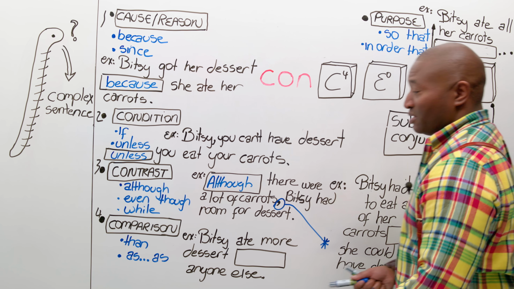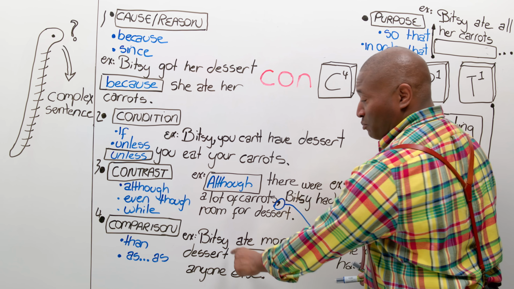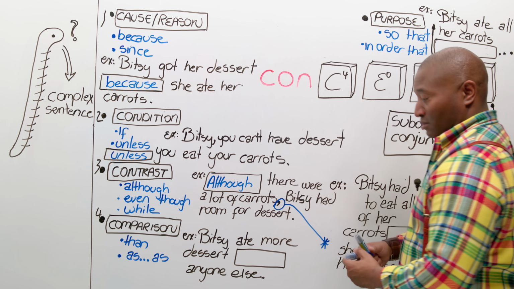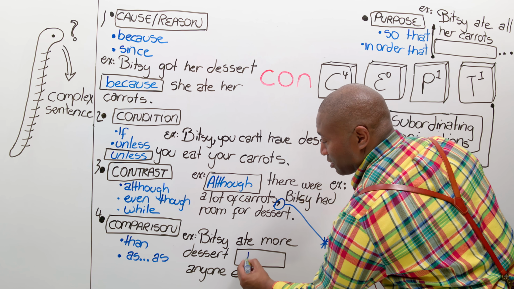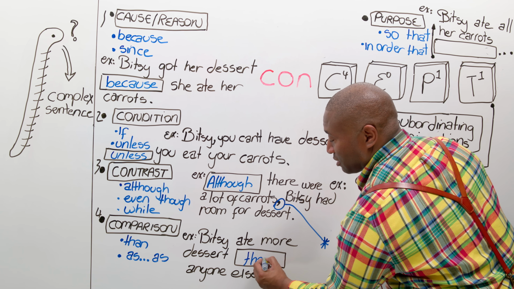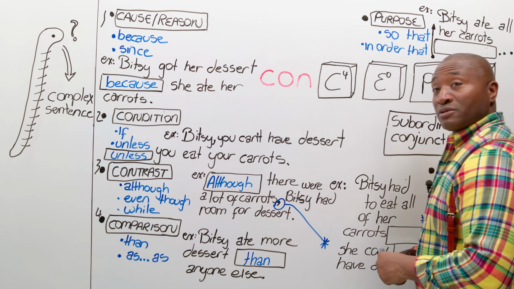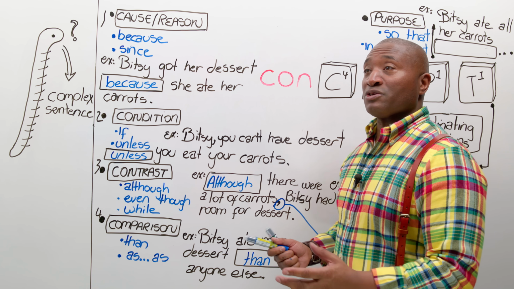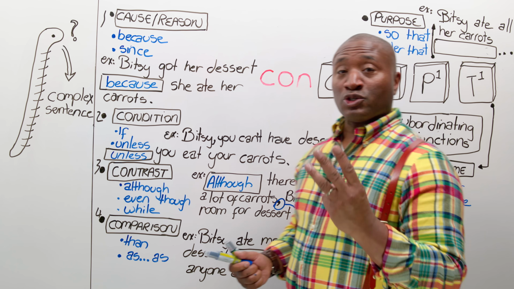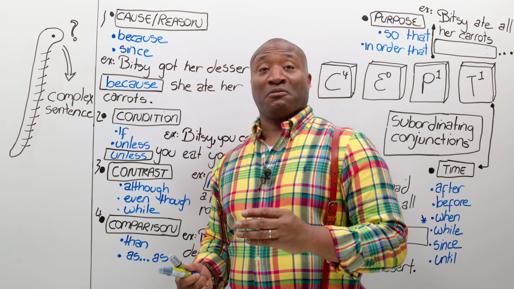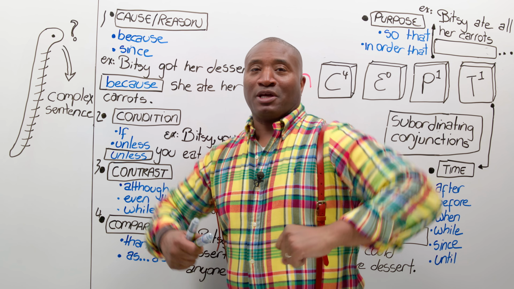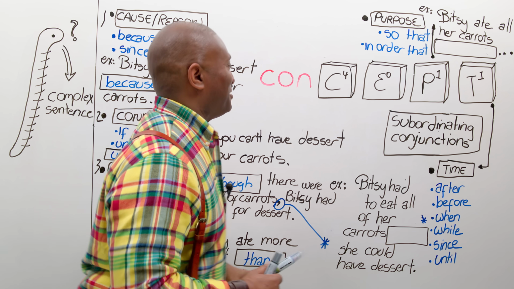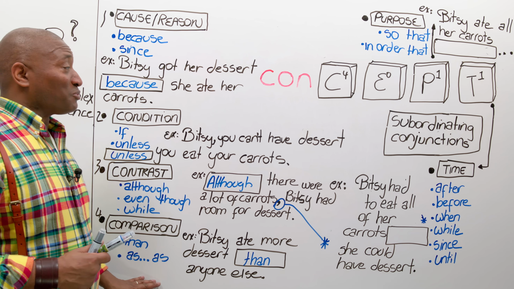How is Bitsy being compared? Well, Bitsy ate more dessert than anyone else. So everybody in the room was eating dessert and they all had 4 chocolate bars and Bitsy ate 5. She's getting bigger now. She's strong, so she can eat more. Okay, so that is our comparison one.